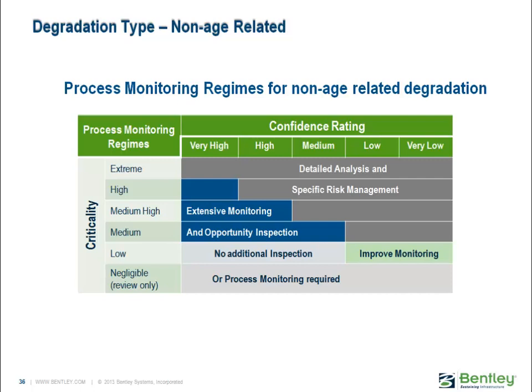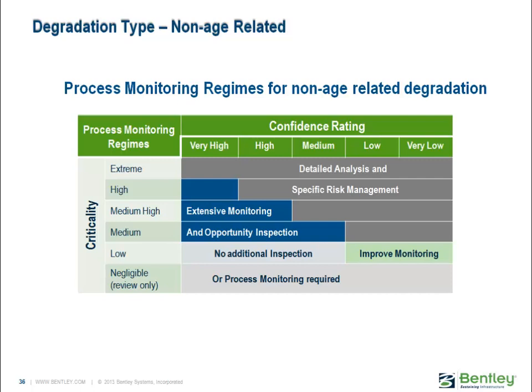Therefore, calculating the remnant life for assets subjected to this type of corrosion is not possible based only on the selected degradation type. A non-age-related degradation type also requires careful monitoring and control of all relevant process parameters. In other words, the integrity operating window has to be monitored to ensure that these types of degradations are controlled properly.